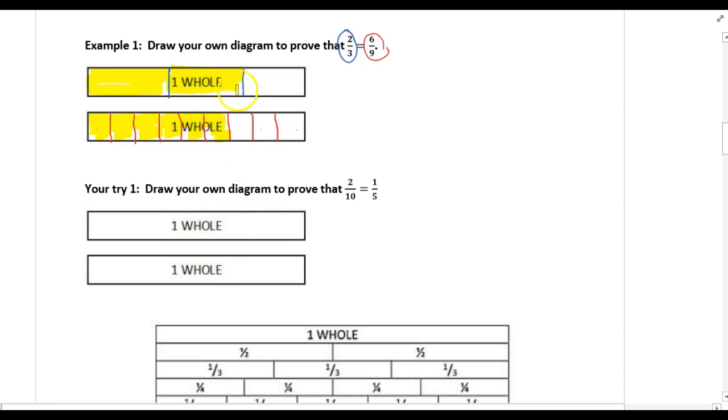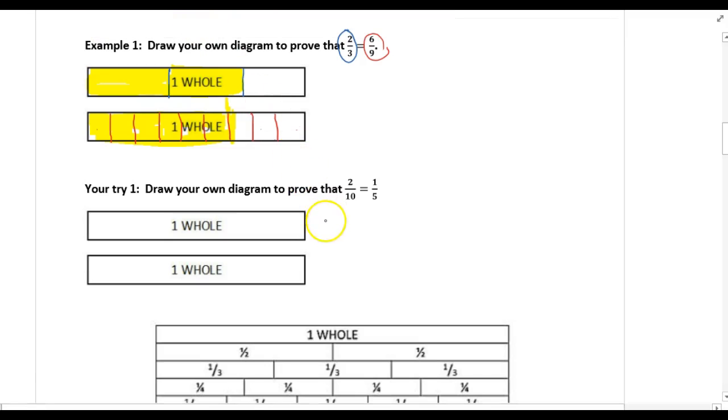But technically, this yellow shaded region should come out to be equal to this yellow region. When I divided my boxes, I probably didn't do a good job of doing it equally. But it should. So 2/3 is equal to 6/9.